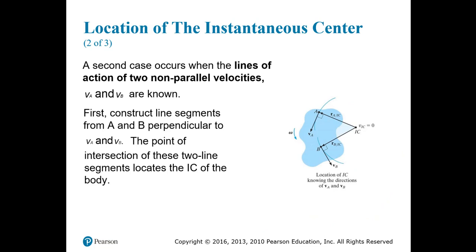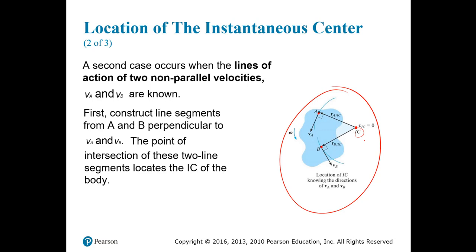We have a second case in which we have the body, and the body has 2 points, let's say a bar like the one you had before. If your two velocities are known, then you can draw a line perpendicular to each one of those velocities as you can see here. And where they both intersect, that will be your instantaneous center. And the same equations can be applied as we did before.